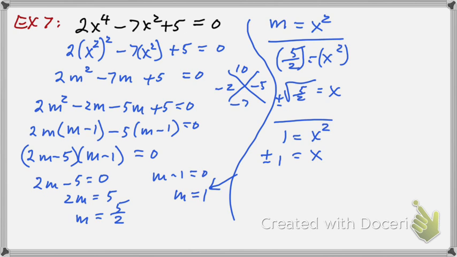So I've got 4 potential solutions here: plus or minus the square root of 5 halves, plus or minus 1. And I'd have to go back and check each of those. But I've got 4 of them there, which kind of makes sense. I'm looking at that 4 exponent. That means I've got at most 4 solutions.